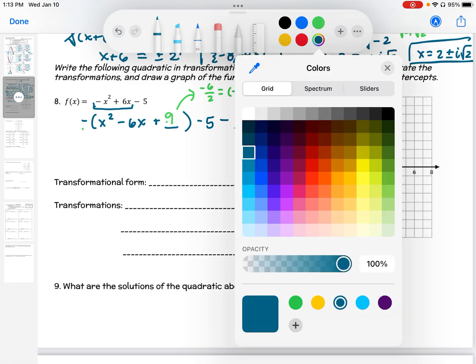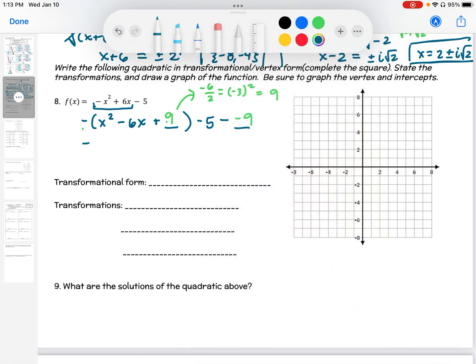So on this problem, we have a double negative, so this is going to end up simplifying to, we have x minus 3 squared. These both become positive, so negative 5 plus 9 would be plus 4. Nope, sorry, we don't need the equals 0 for this. We're just writing it in that form, so that's all we had to do.